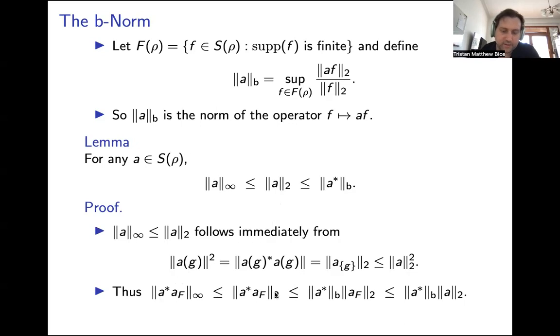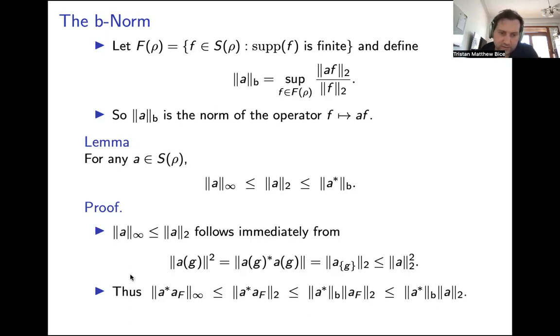But at the same time, the definition of the B norm tells us that the 2 norm of this has to be below the B norm of a star, viewing this as a kind of operator, times the 2 norm of a restricted to f. Right? But again, the 2 norm of a restricted to f is definitely below the 2 norm of a itself.